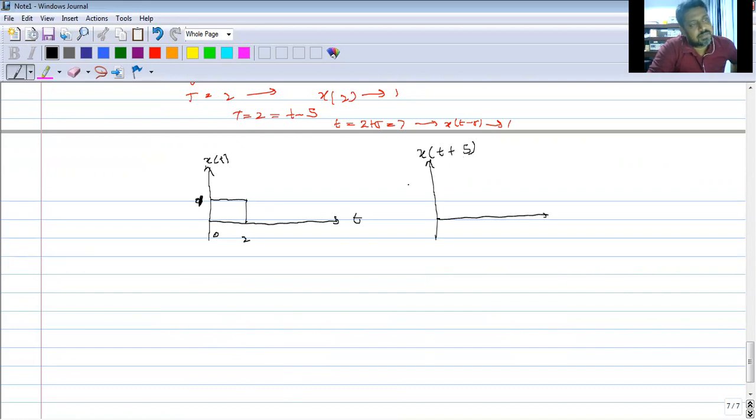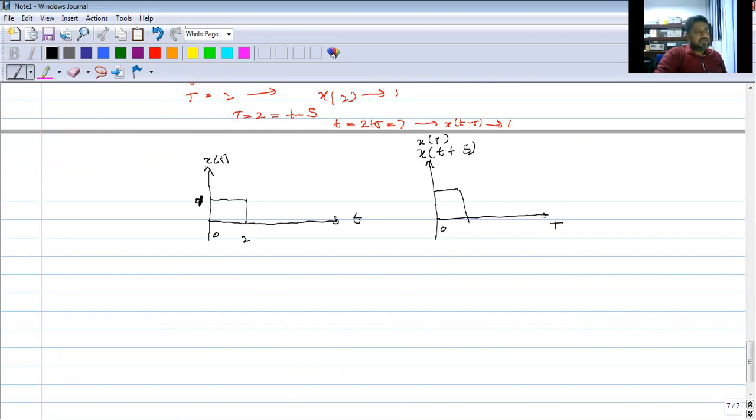x(t+5). Let's say t+5 is capital T. This time I put t+5 as capital T. Now if I draw it with respect to capital T, I will get the same signal like this.